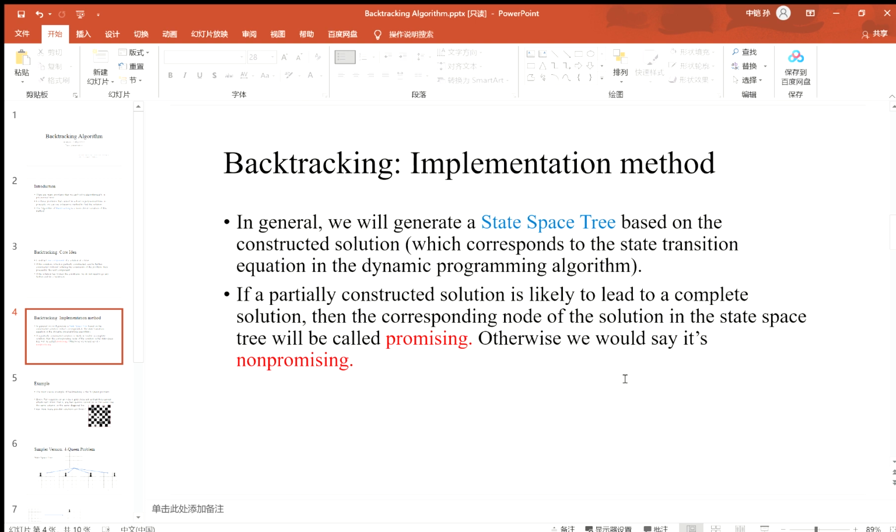Then, as for a specific problem, how do we build a backtracking algorithm? First, we need to generate a state space tree to show the current solution states and the current problem states. Second, we need to construct the end condition.